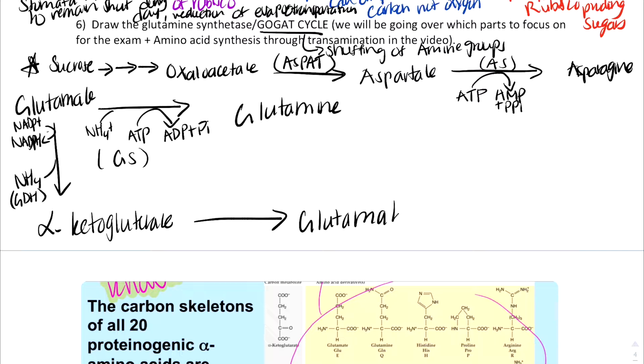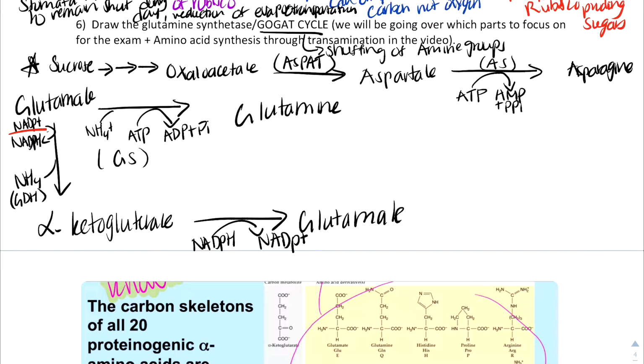So we can actually go back to glutamate. However, it requires the GOGAT enzyme, which is the glutamate synthase. And in this one, you use NADPH, and you make NADP+. So notice how to go from glutamate to alpha ketoglutarate, we use NADP+, right?